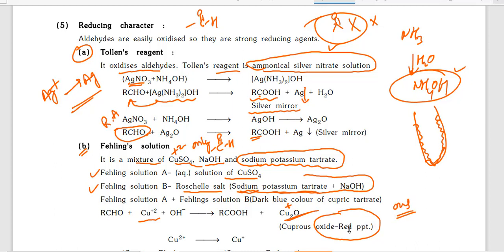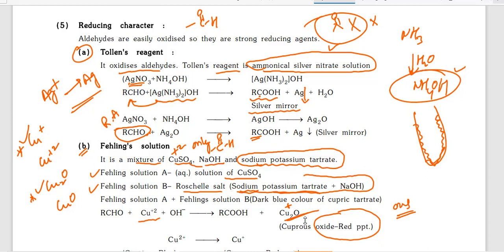Cuprous oxide is very important in competitive exams. In the last JEE, they asked in the Fehling test the red color is due to which species, with options copper plus, copper plus 2, cuprous oxide and copper oxide. Multiple answers: copper plus and cuprous oxide are both correct.